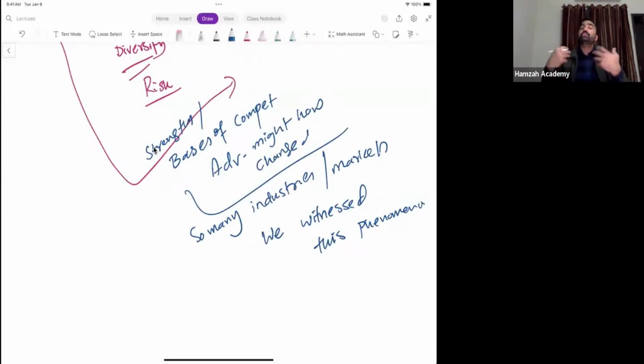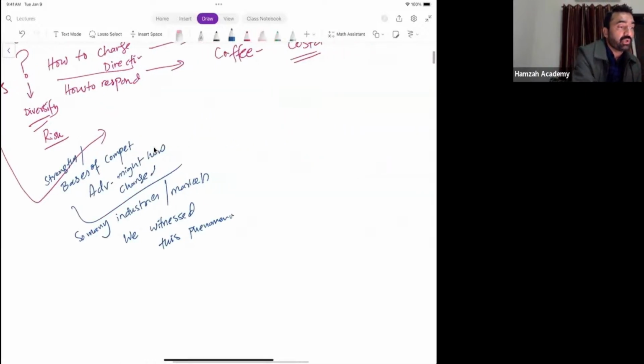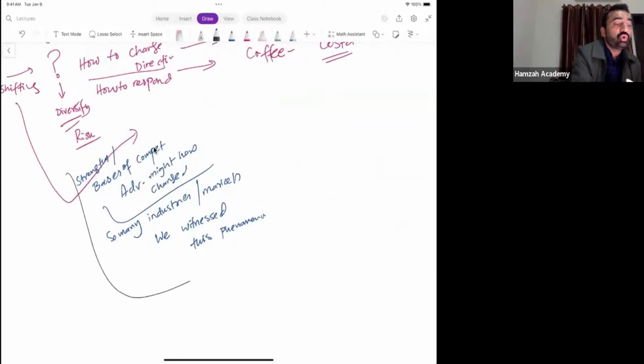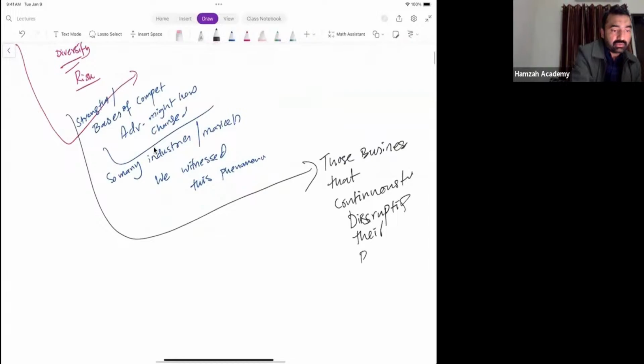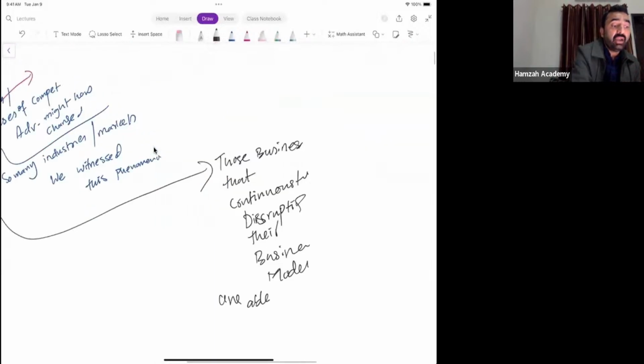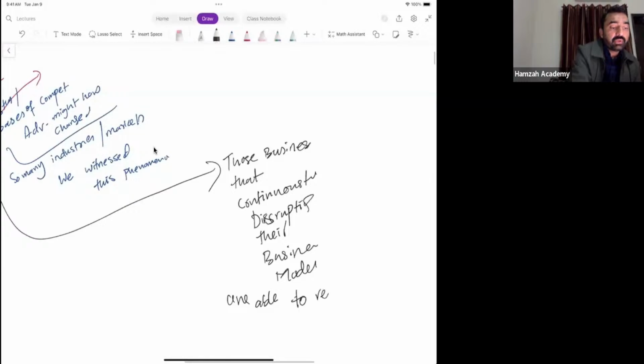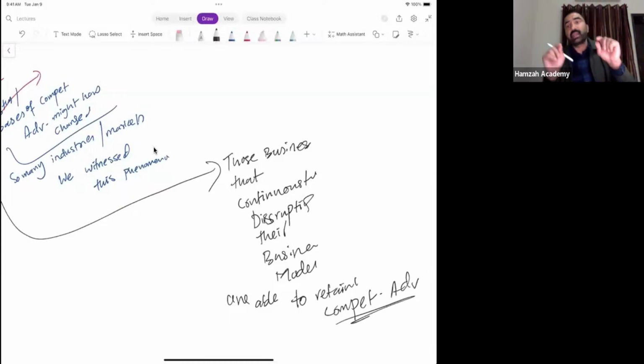So, those businesses that are continuously disrupting their business models are able to retain competitive advantage. And by the way, this word competitive advantage has dramatically changed as well.